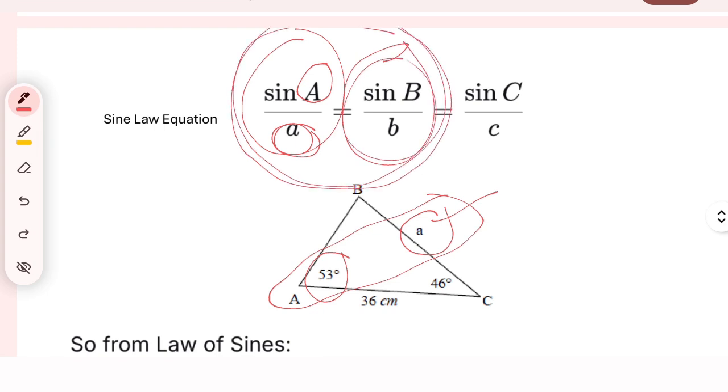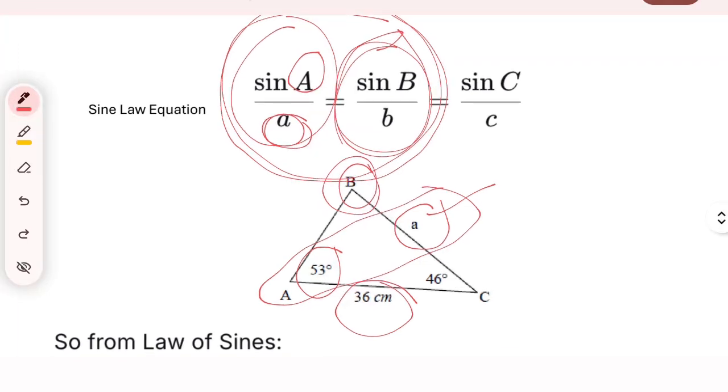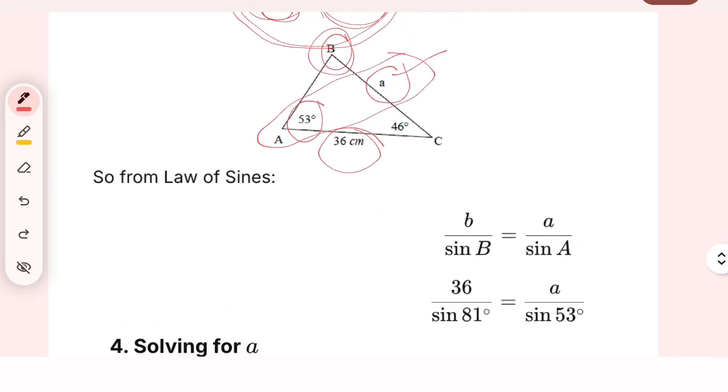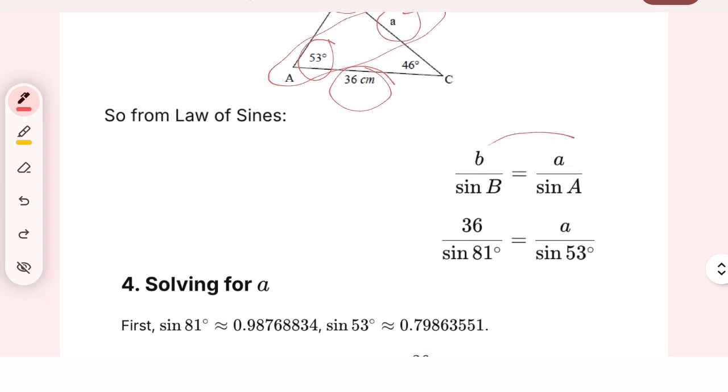Why did I pick this? That's because we have already solved for angle B, and the small b is also given. So there's nothing left there when everything is solved. So I will be using this pair. Remember, I told you just pick 2 out of the 3. So I picked these 2.